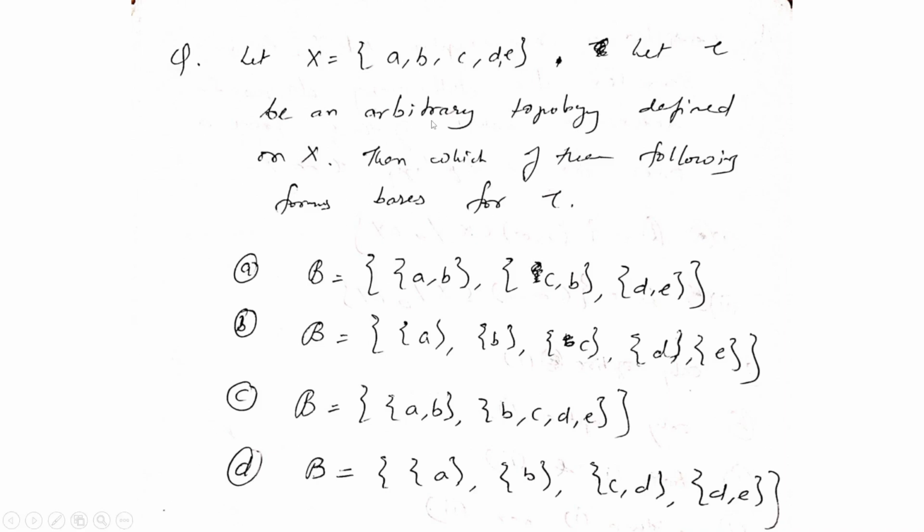So here is your question: this is a set X comprising A, B, C, D, E, and tau is an arbitrary topology defined on X. Which of the following classes B will form a basis for tau? So verify which is forming the basis for tau. Is it A, B, C, or D? Everyone try it.